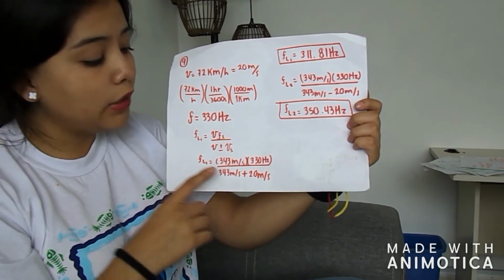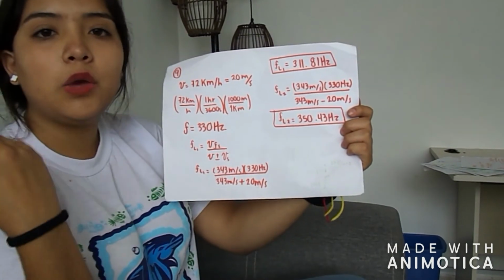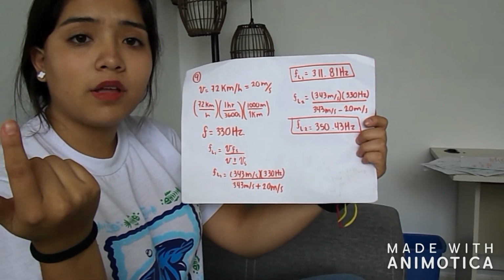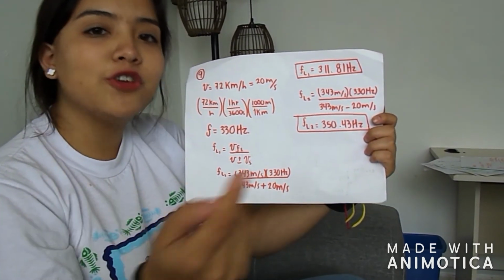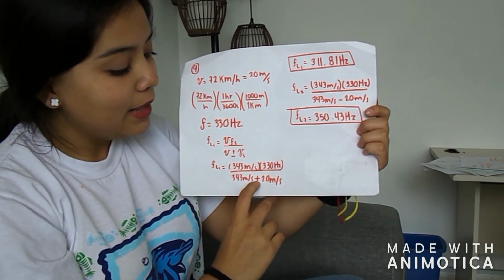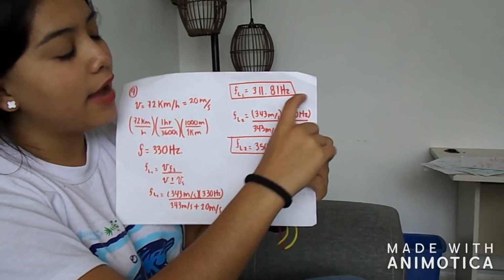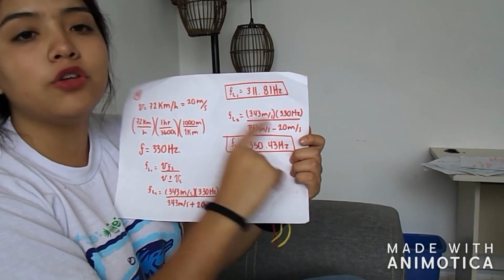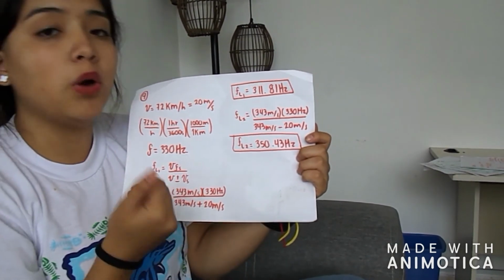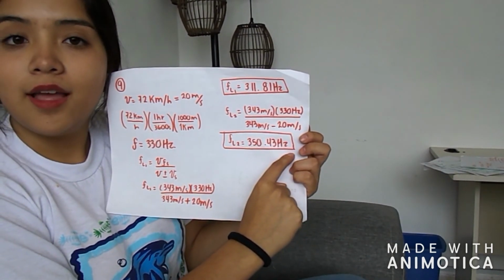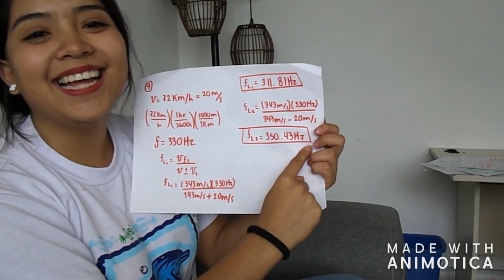We substitute our values, and in one part we're going to use the positive sign because the source is moving away, and here we have the frequency, and then we're going to use a negative sign because it's approaching, and we have the result.